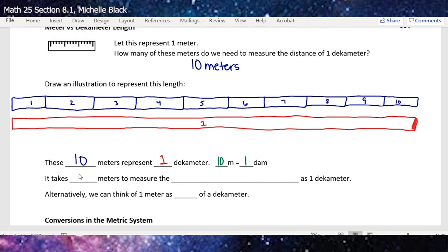Or in other words, it takes 10 meters to measure the same distance as 1 decameter. Alternatively, we can think of 1 meter as 1/10 of a decameter, right? So if I just went down and I measured this same distance or length as this blue rectangle on this red rectangle, it's 1/10 of the red rectangle.